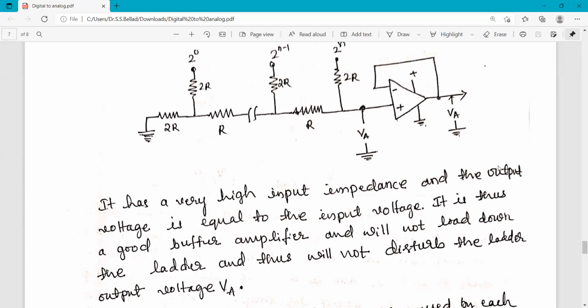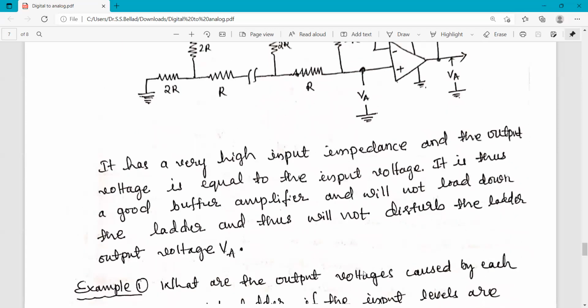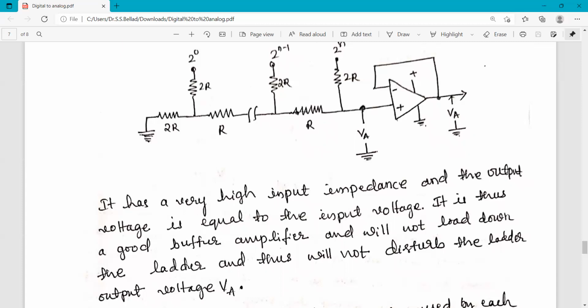It is thus a good buffer amplifier, and will not load down the ladder, and thus will not disturb the ladder output voltage. If the load is connected here directly, that load may affect this ladder network. So in order to avoid that, this amplifier is used, so that the load connected here will not disturb this ladder network.